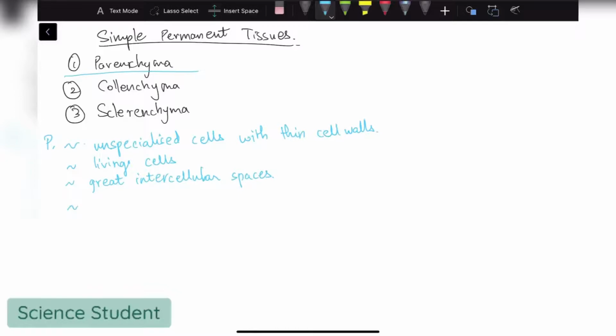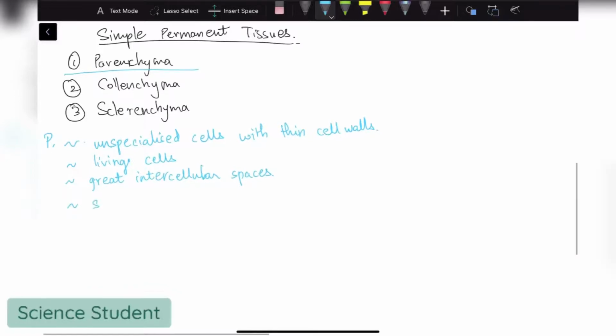Okay, and essentially their main function is to store food. So these are the four things you need to write if the examiner asks you about parenchyma.